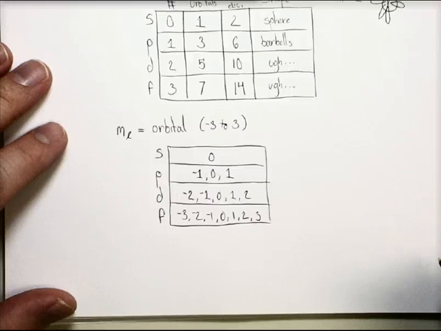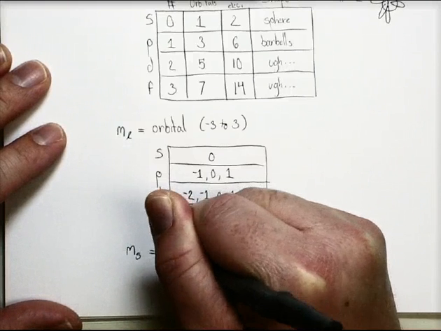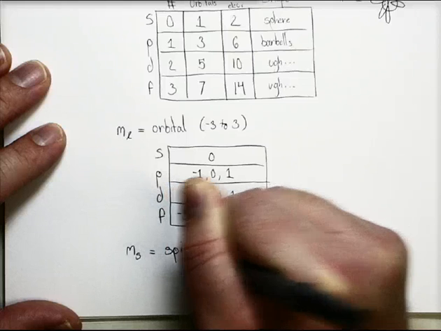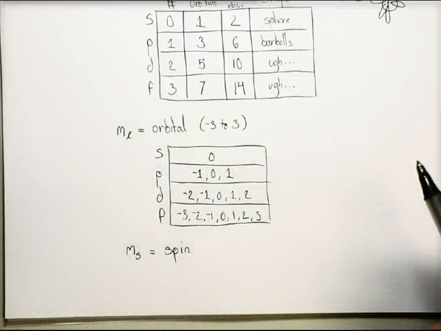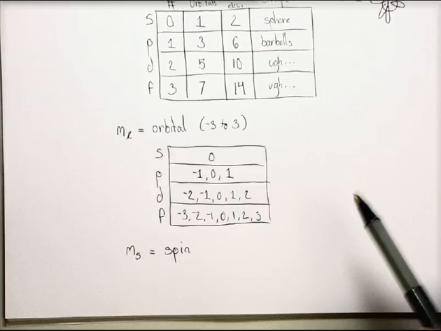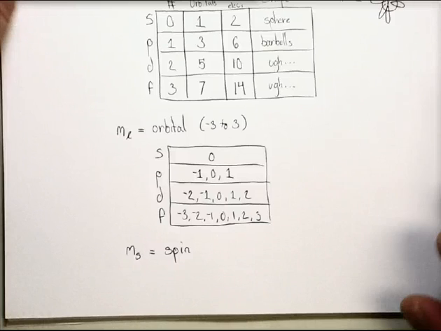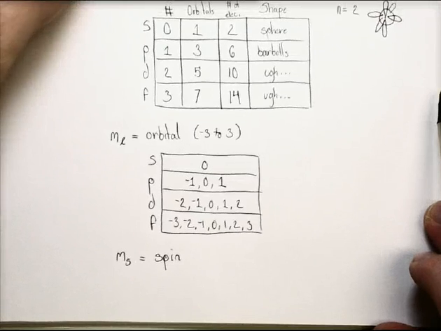And our last one is our spin number. The Pauli exclusion principle tells us that no 2 electrons can have the exact same quantum numbers. So again, the Pauli exclusion principle, which you will need to know, no 2 electrons can have the exact same quantum numbers. Now look at this.